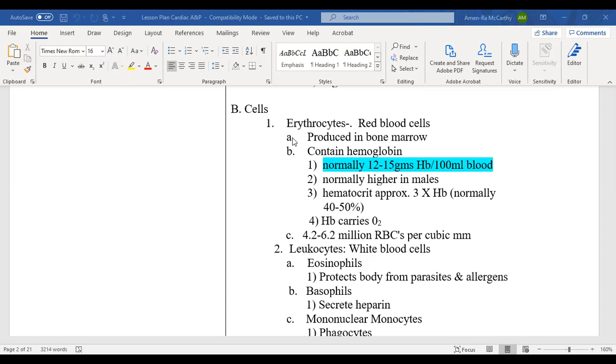Once the hemoglobin becomes supersaturated with oxygen, the blood turns what color? When the hemoglobin is full of oxygen, red, bright red. Bright red has picked up all of that oxygen, and it's headed to the body to give it to the body. But once it gives it to the body, it no longer has oxygen and it turns what color?